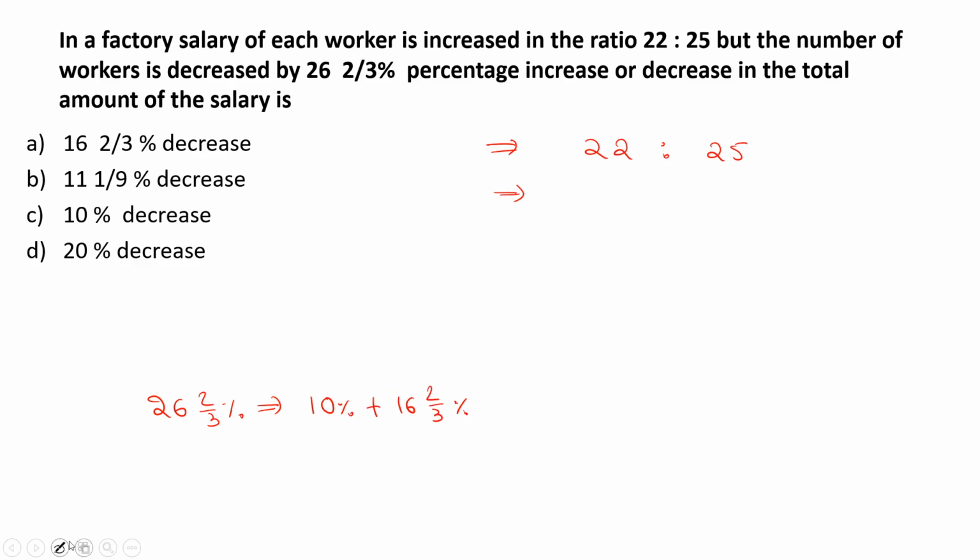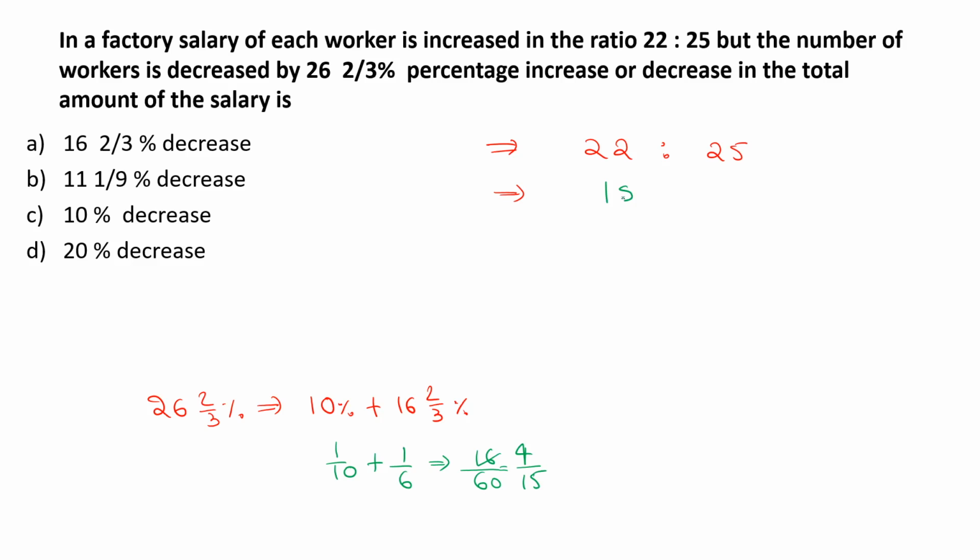For 10% the fractional value is 1 by 10, and the fractional value of 16.2% is 1 by 6. The sum of 1 by 10 and 1 by 6 is 16 by 60. When simplified we get 4 by 15. That means the number of workers was decreased by 4 out of 15.